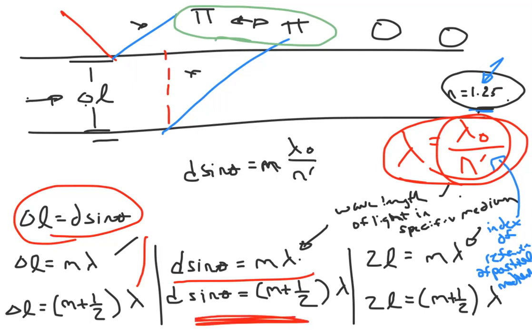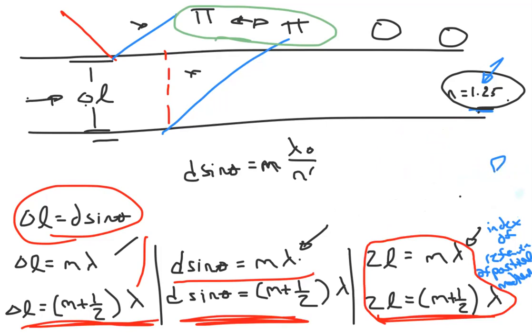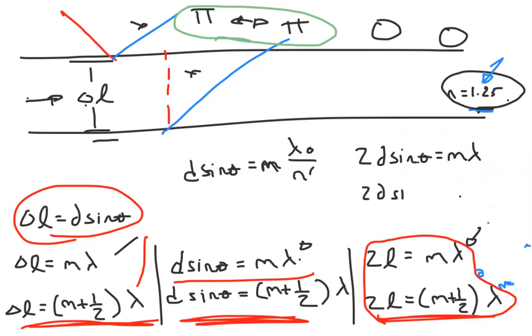Okay, down here. Now, you see this equation on the right hand side. It has a 2 next to everything, right? And you could also write it as 2d. I didn't write it that way, but you could write 2d sine theta is equal to m lambda, or 2d sine theta is equal to m plus 1/2 lambda.